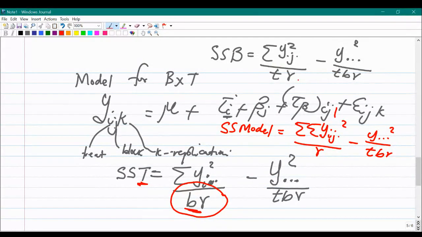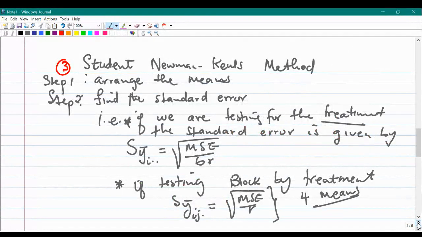If you are asked to do the treatment for the blocks, inside that square root you're going to divide by this. If you are asked to do the interaction effect, you divide by R. This one is divided by R because the blocks and the treatments are represented. What is not represented is the replication.